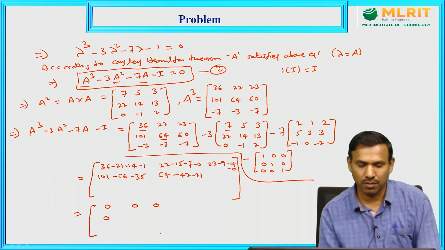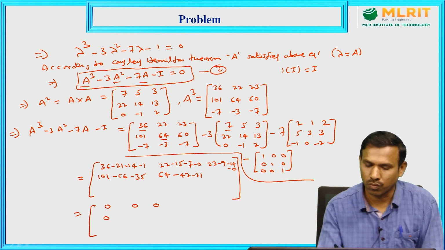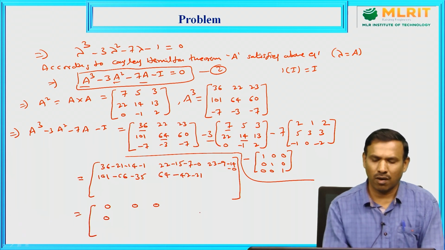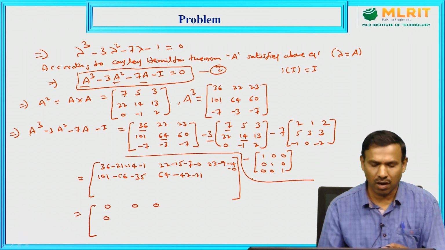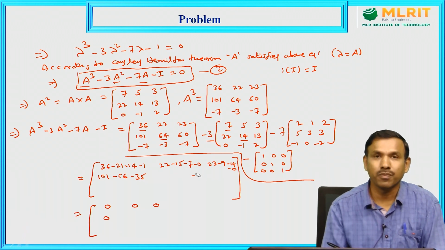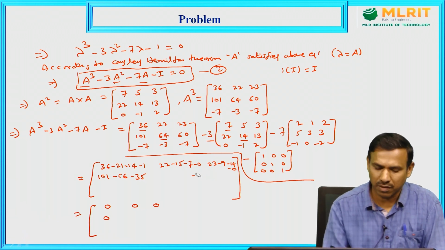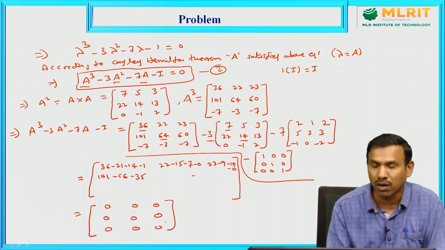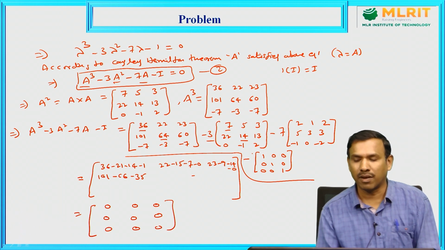So these all elements clearly are going to become 0, right? So we can simply write 0, 0, 0, right? I am not evaluating all; you can do the remaining evaluation part.